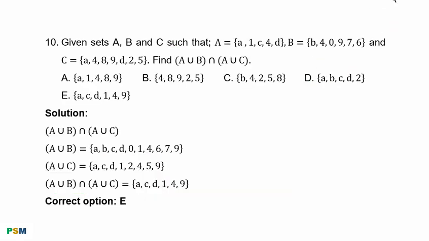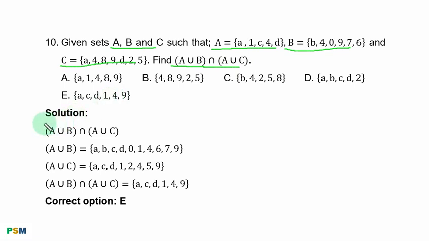Question 10. Given sets A, B, and C such that set A is equal to this, set B equal to this, and set C equal to this. Find, bracket open, A union B, bracket close, intersection, bracket open, A union C, bracket close.